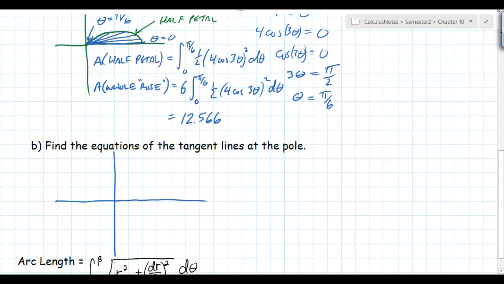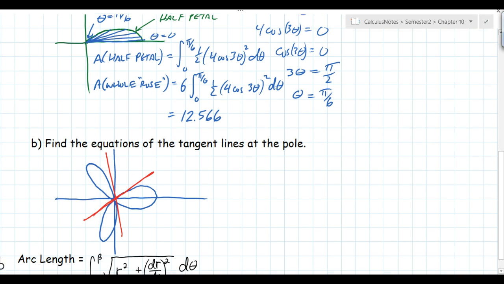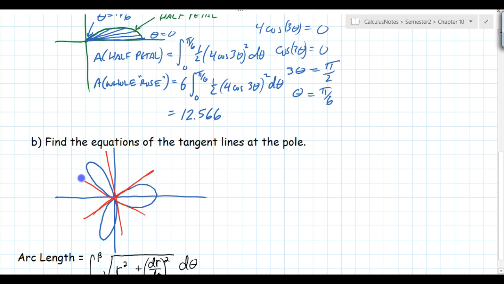We want to find the equations of the tangent lines every time this rose crosses the pole. So we said that it crosses at pi over 6, and then it crosses again there, and then again there. What are the equations of those 3 tangent lines that we get when it crosses the pole?